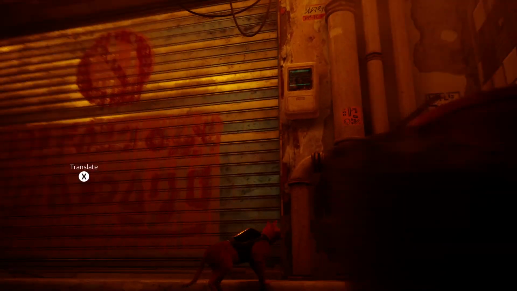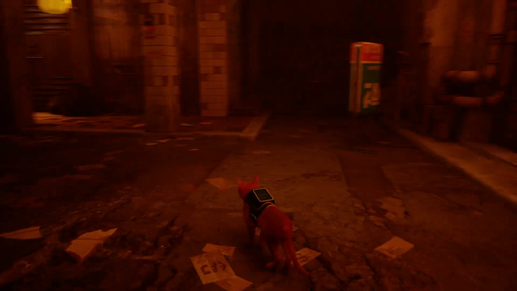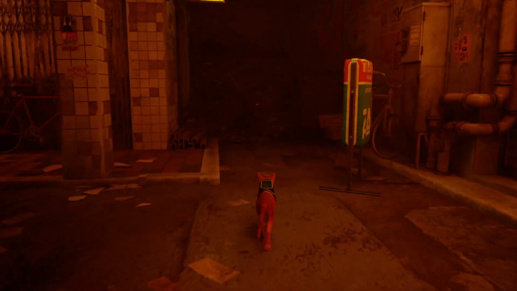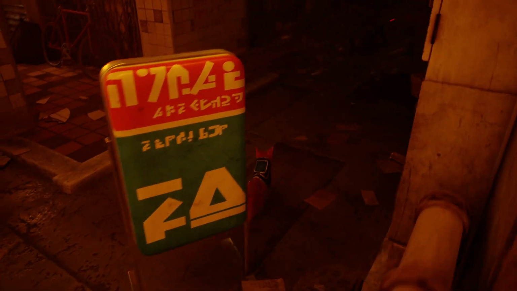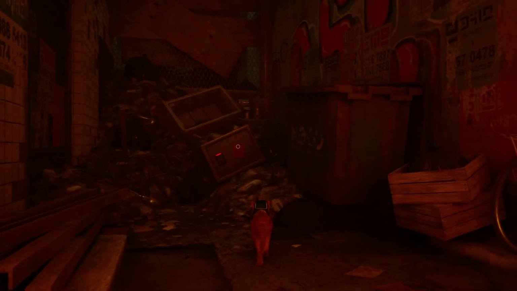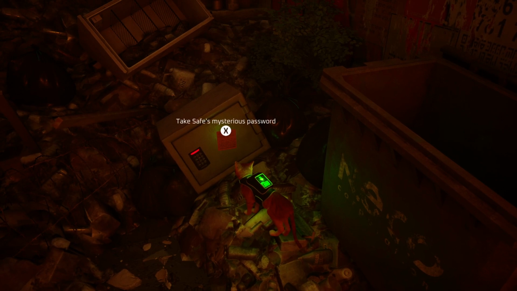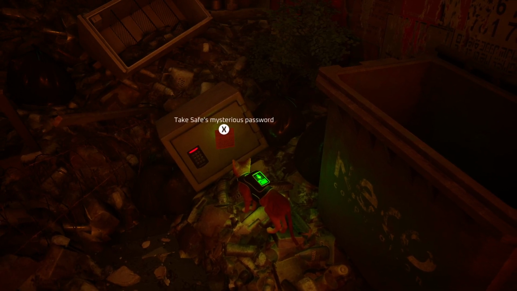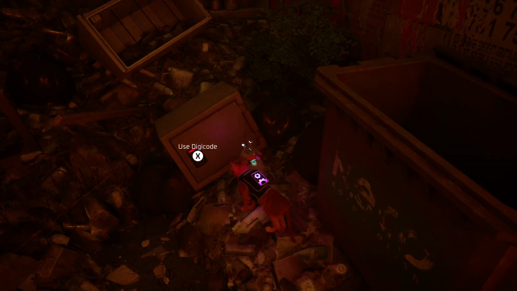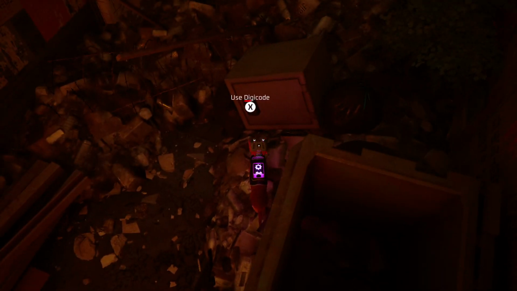Looks like it could be something we might be able to open. Oh. Take safe's mysterious password. Okay. Let's look at that first.